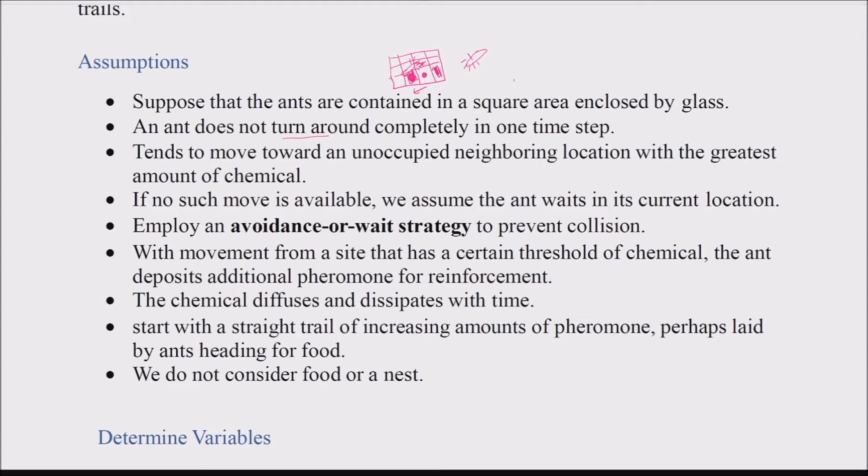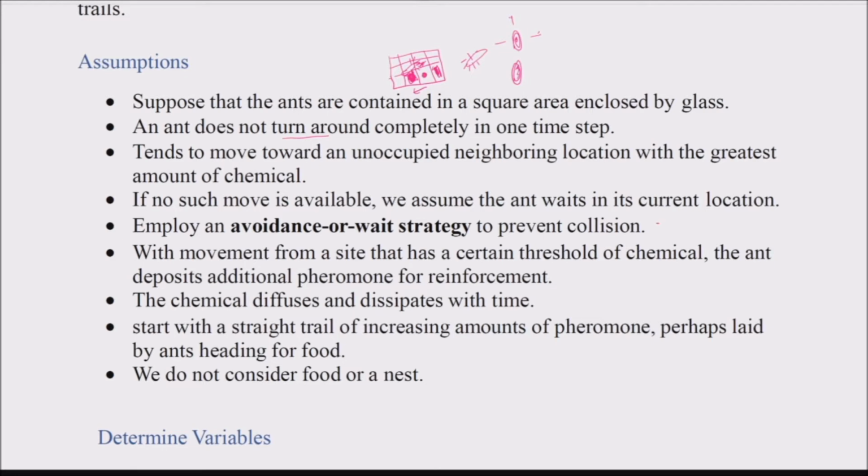If I have one here and you have another here that has no clue to go this way or this way, he's waiting, and this one is also waiting, so he's not going to go and hit him. So there's no collision in between. That's what the avoidance or waiting strategy means.